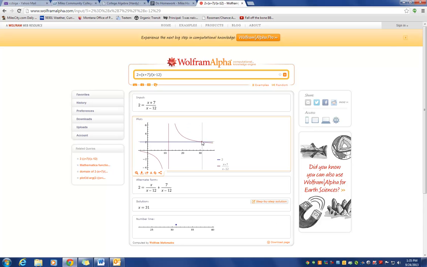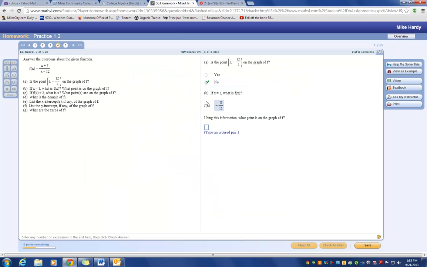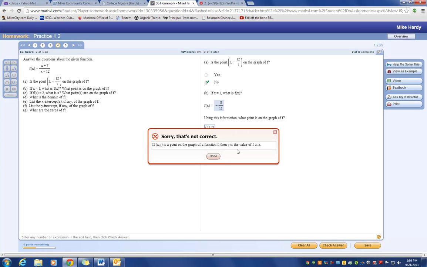The only place where y is 2 is at x equals 31. So we go with x equals 31. Except they're asking what point is on the graph. They want an ordered pair. So I want the point x equals 31, y equals 2, and I'm sorry, it's not liking that.